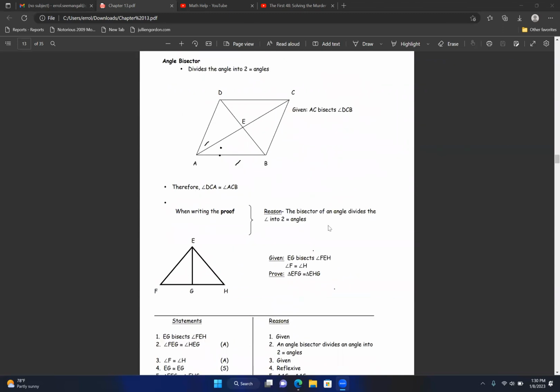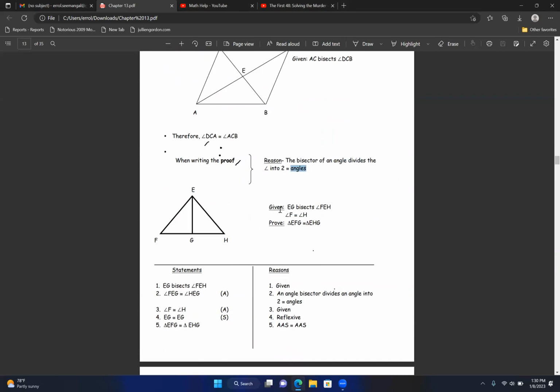When writing a proof, the reason is the bisector of an angle divides the angle into two angles. So kind of like this. Given EG bisects angle FEH, angle F equals angle H. See what it says right here? The reason: an angle bisector divides an angle into two congruent angles.